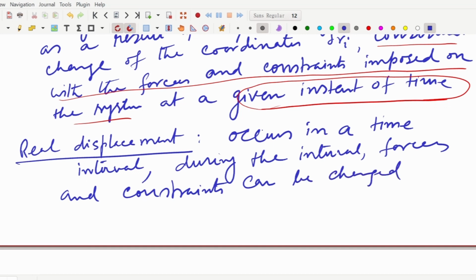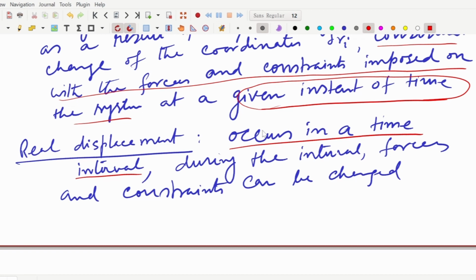That means force can change with time, it can evolve with time. So the real displacement takes some time interval, and during that time interval, the force can evolve, the constraint can change, and that makes the difficulties.